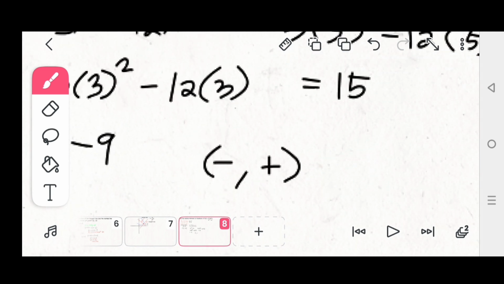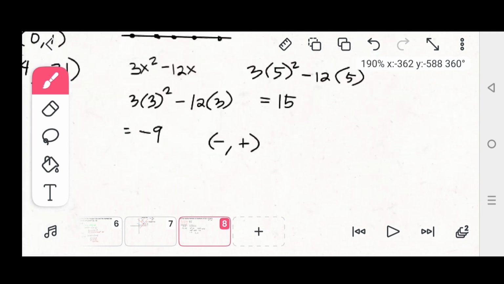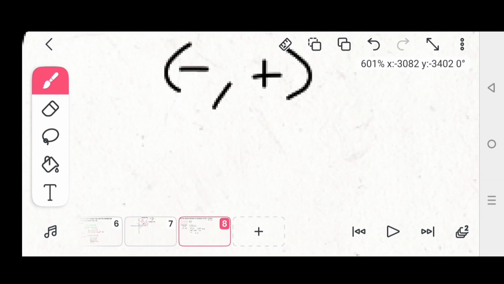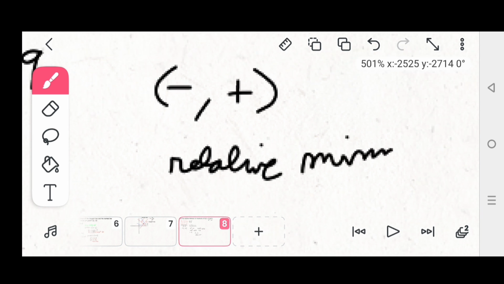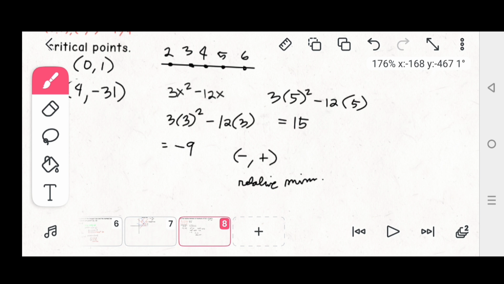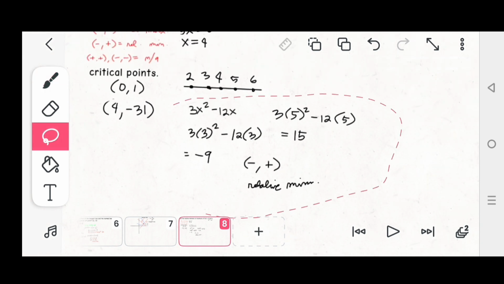So as you can see, it's negative and then positive. This means that it's a relative minimum. So we've now found that this is a relative minimum.